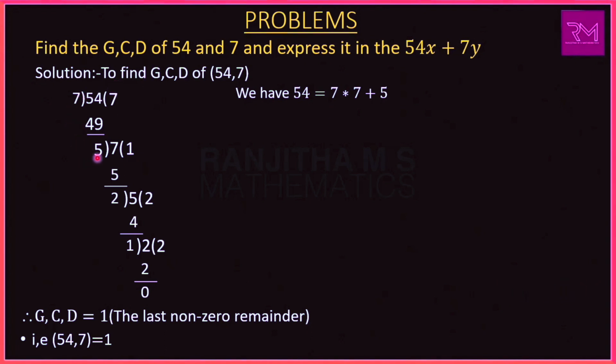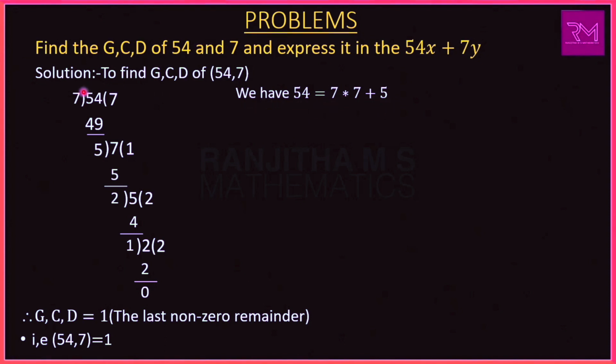For this division, 54 is the dividend, 7 is the divisor and 7 is the quotient. So we can take it as 54 equals 7 into 7 plus 5. So we get this value with the help of the division algorithm method.